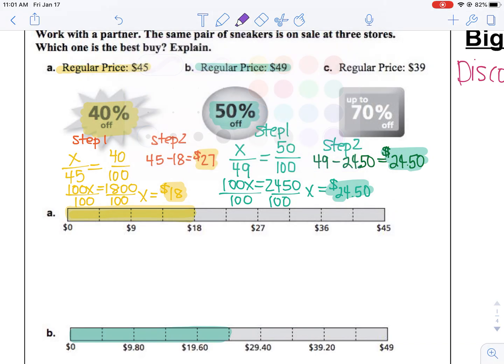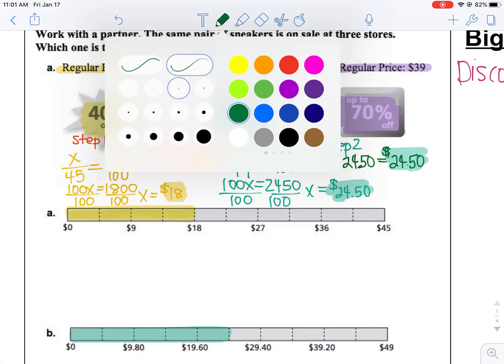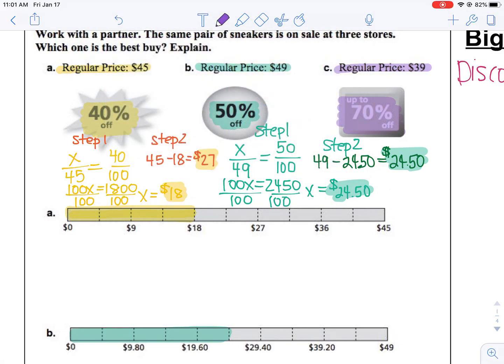So store C, we have a regular price of $39 and up to 70% off. So that means that this discount could be less than 70%, but we're going to use the 70%, assuming we get that whole entire 70% off, and actually set that up in the space down below. So step 1, we have to find the discount of up to 70%. So the most you can receive off is 70.